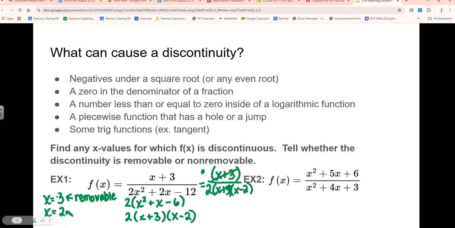And then for 2, it does not cancel, so that is going to be a non-removable. Specifically, it is a vertical asymptote, if you want to be more specific about that. So the zeros in the denominator that do not cancel are vertical asymptotes. The ones that do cancel are holes.